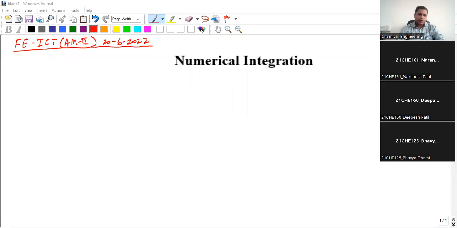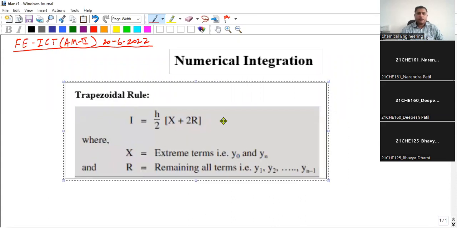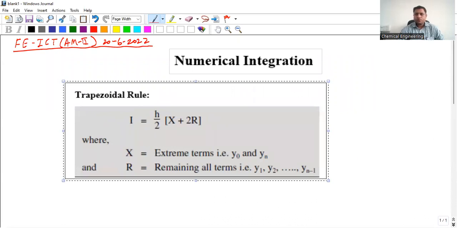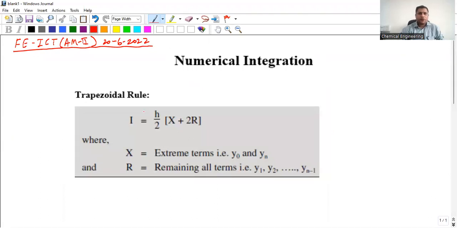So what the trapezoidal rule says, if we consider the interval from A to B and we want to evaluate the integral, let I be the integral from A to B of f of x dx, the given integral.